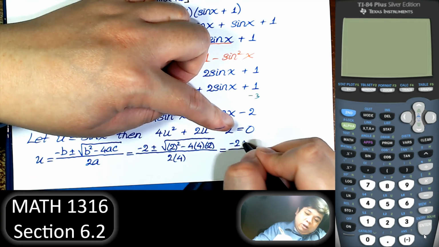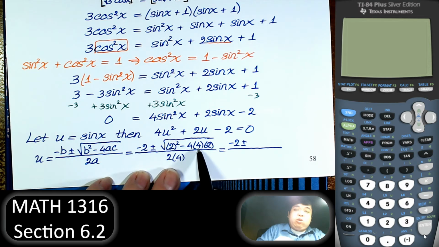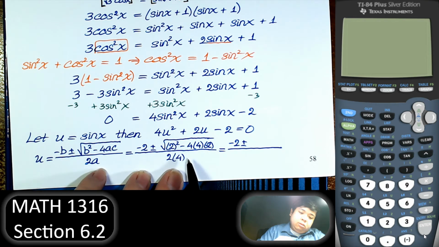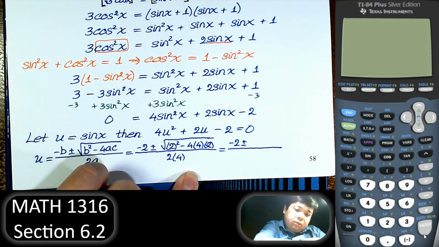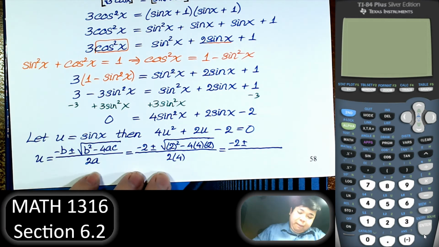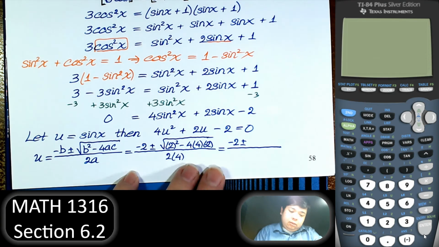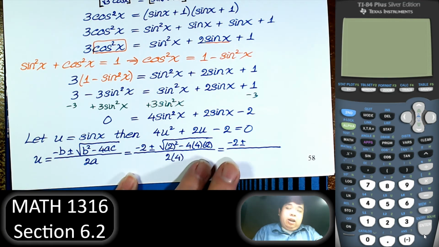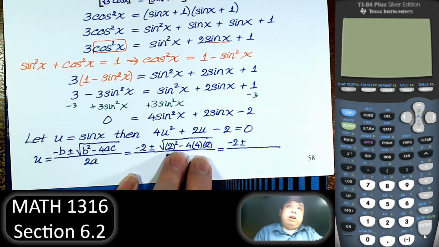Negative 2 plus or minus, 2 squared is 4. 4 times 4 is 16. And times negative 2 is 36 minus 36, so that's 36, and 4, that's 40.